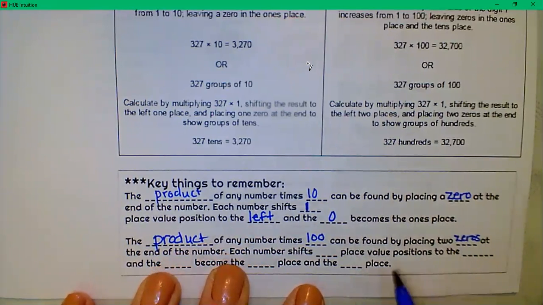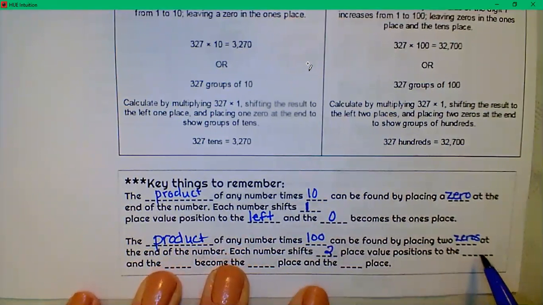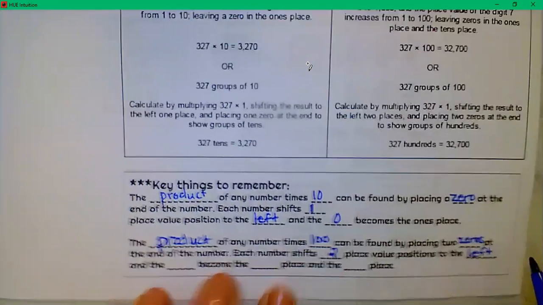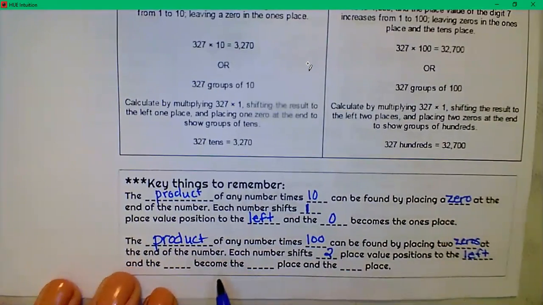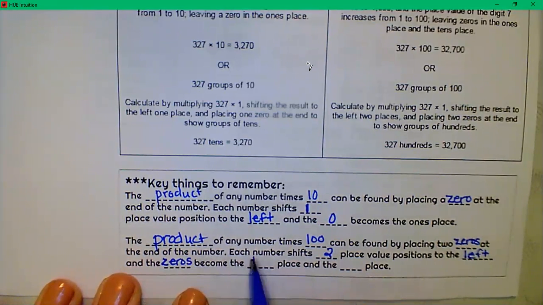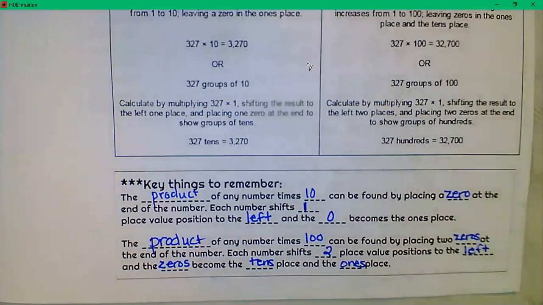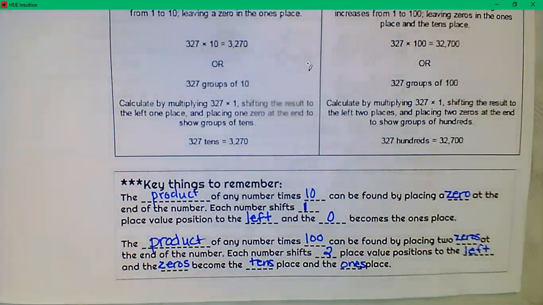Each number shifts how many? 2 place value positions to the left, and the zeros become the tens and the ones place. Any questions on that?